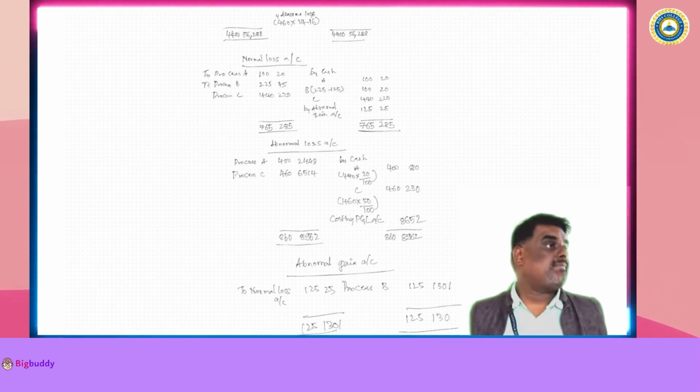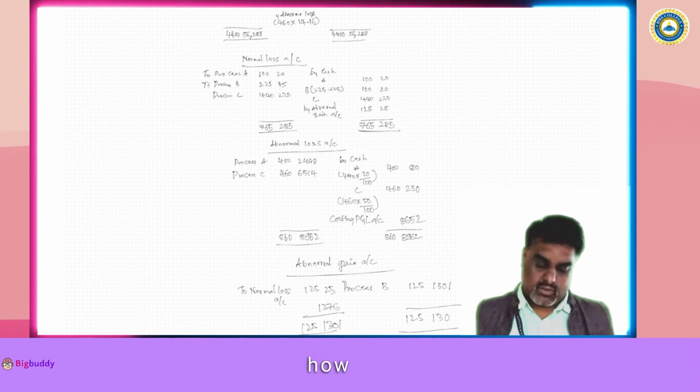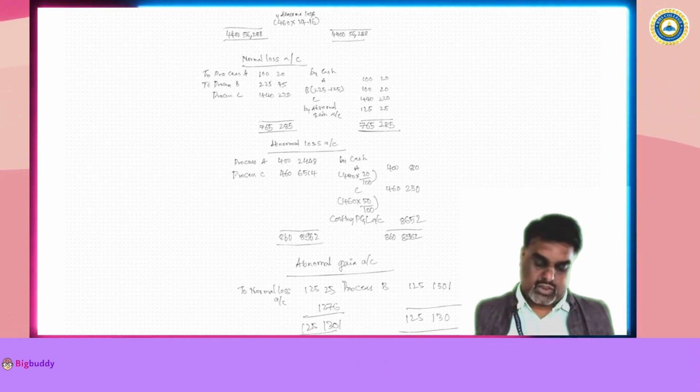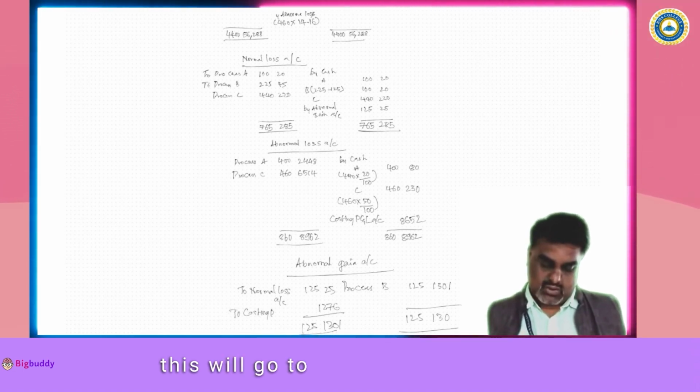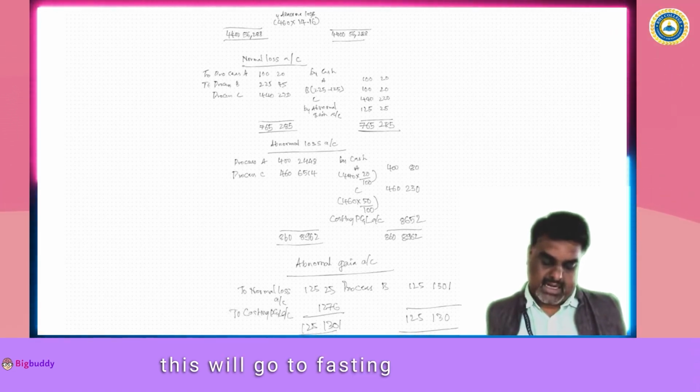Find out the difference. How much? 1276. This will go to costing P&L account.